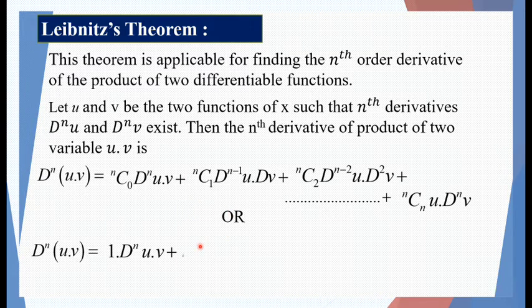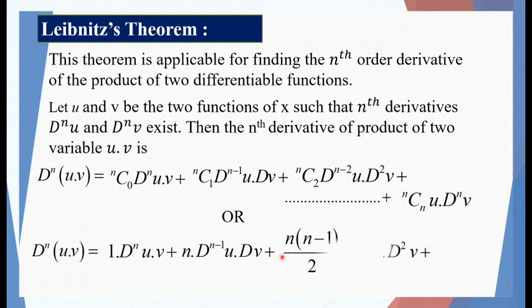So on simplification it will be n, and the (n minus 1)th derivative of u into derivative of v. Similarly, the value of nC2 is n into n minus 1 upon 2, and the remaining part remains as it is.